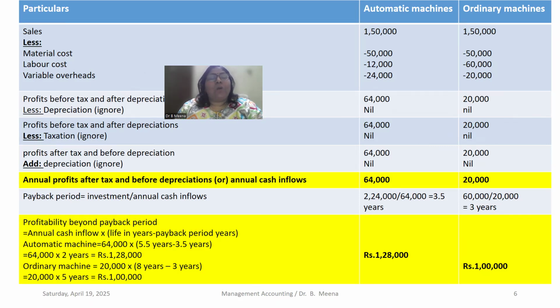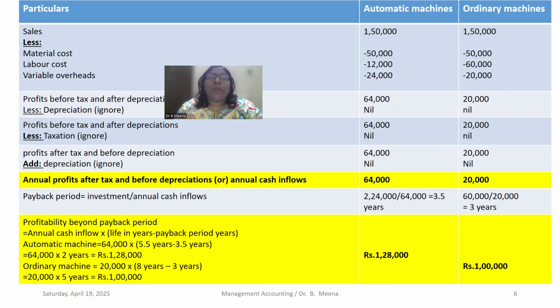So let me check out the conclusion part. As per the payback period, the automatic machine is 3.5 and the ordinary machine is 3 years. So I can suggest we can buy the ordinary machine because the payback period is less. But when I'm calculating profitability beyond payback period, the profit value is more in the automatic machine.